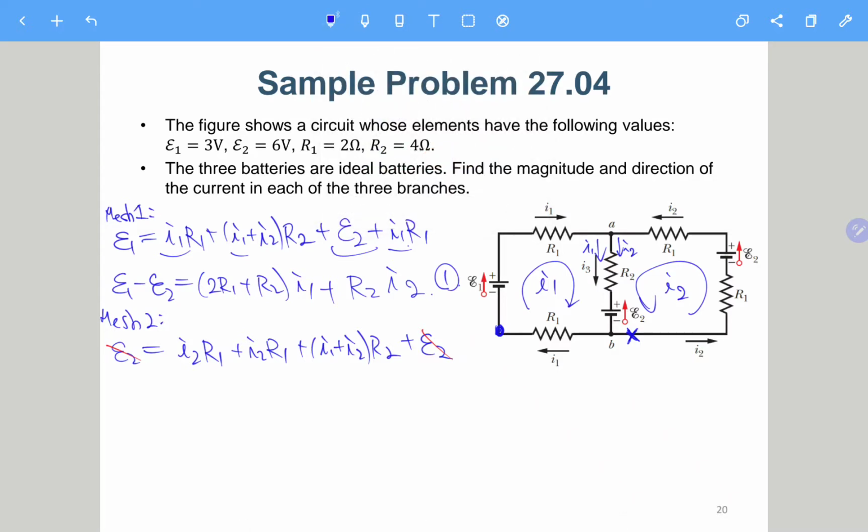So we have R2 I1 plus the I2 terms, so we have 2R1 plus R2 times I2 equals 0.